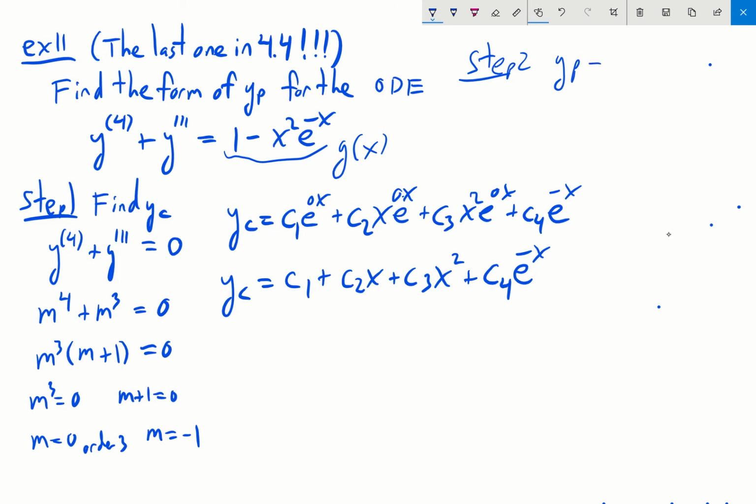So it looks like we would have a constant function, a polynomial, a, and then it looks like we would also have a power of x squared e to the negative x. So I could write that down. And now this is where we have to be really careful, because some of these terms are definitely kind of shared.